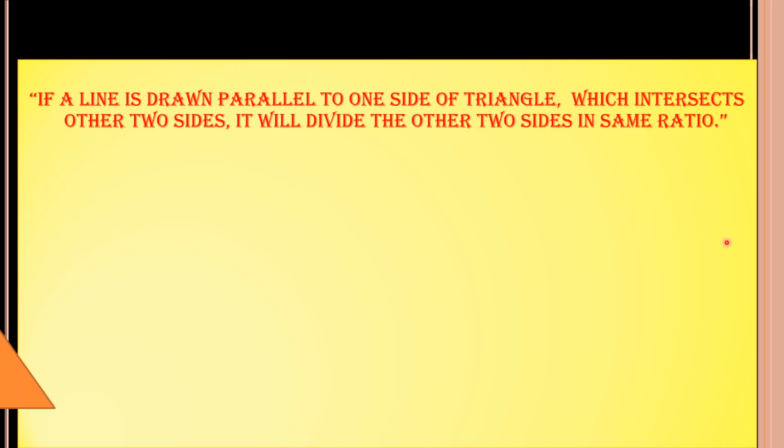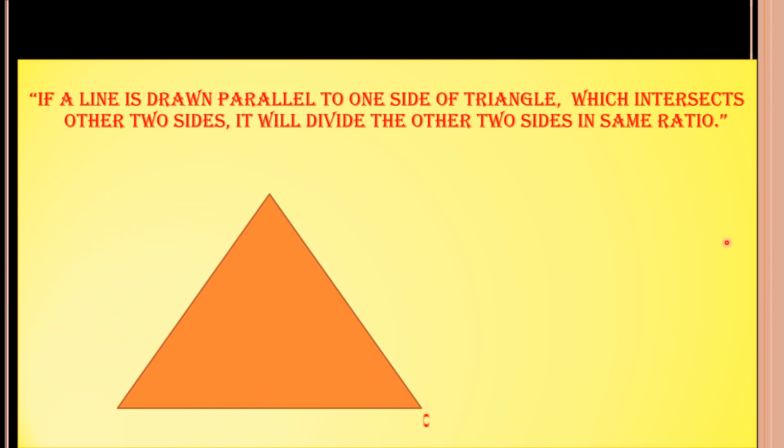So actually, if we want to put the activity in words, we can say that if a line is drawn parallel to one side of a triangle which intersects the other two sides, it will divide the other two sides in the same ratio.